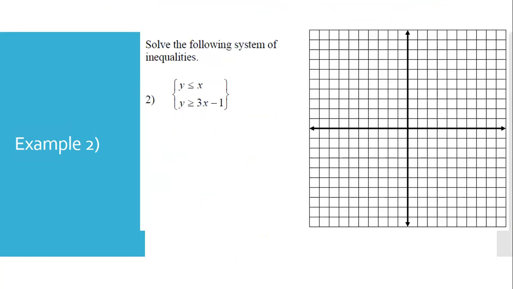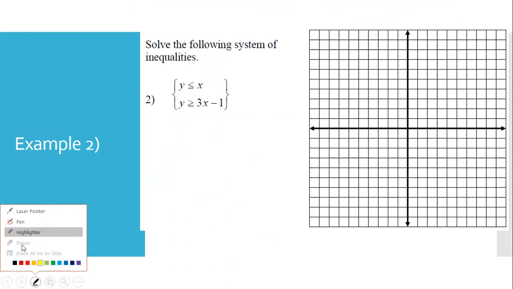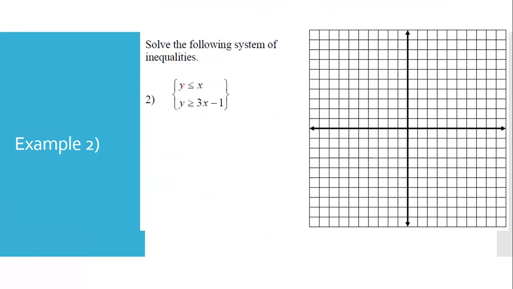Here we go, starting from scratch with example 2. Are my y's by themselves? Yes. So y is less than or equal to x, and y is greater than or equal to 3x minus 1. Step 2 is I'm going to use my slopes and my y-intercepts to start.